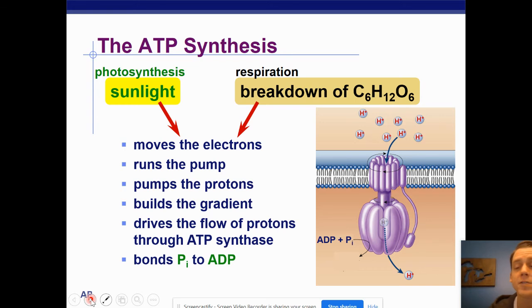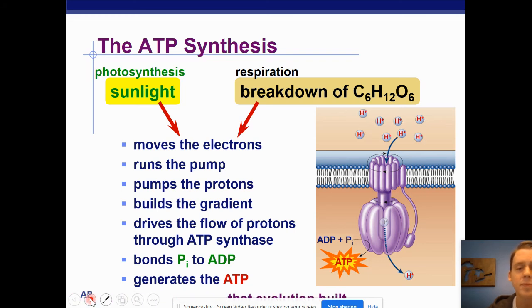It's going to bond phosphate to ADP to make ATP. And there we have it. And evolution used this same process for both of these different series of chemical reactions.